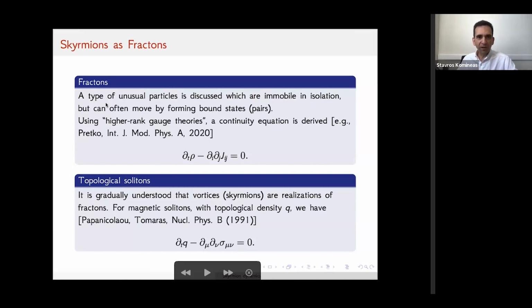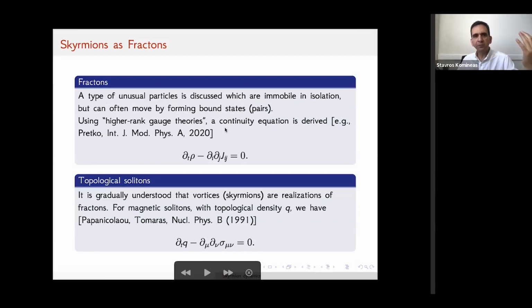They have observed what they call fractons as particles, observed as, say, disclinations in some spin models, but also in some very different models in high energy physics. They say that these unusual particles are immobile when they are in isolation, and they can often move when they form bound states or pairs.